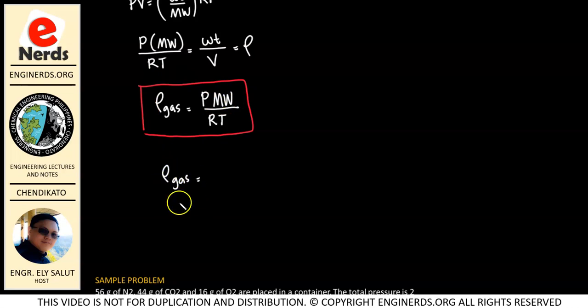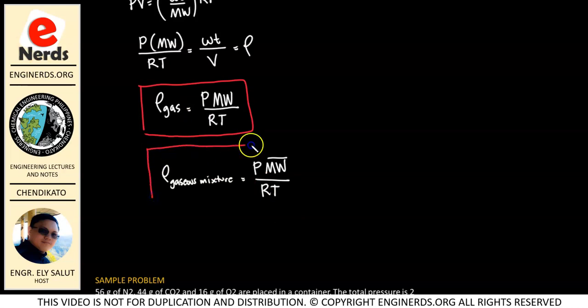Let me revise that para mas malinaw. The density of the gaseous mixture is equal to the pressure times the average molecular weight over RT. So, ito yung magiging formula natin to get the density of the gaseous mixture.